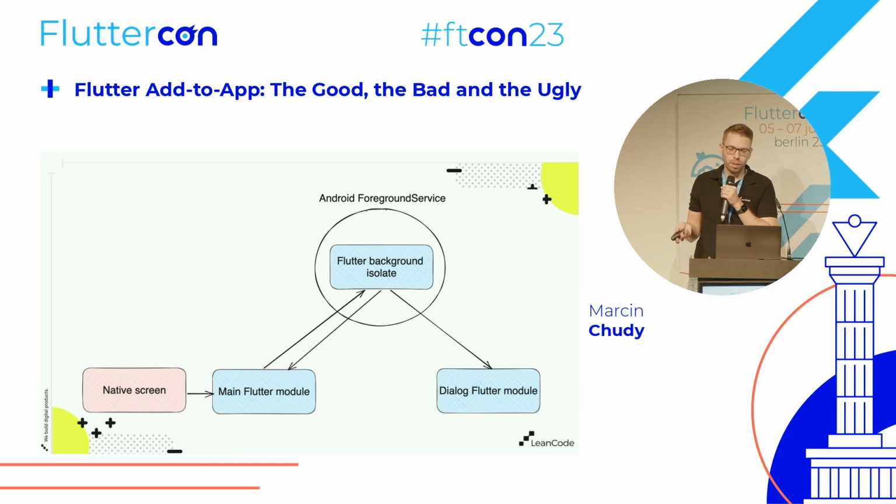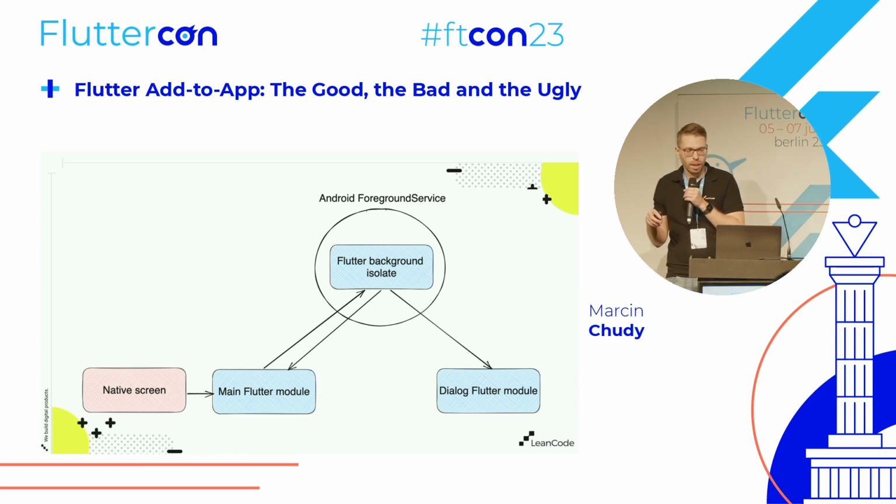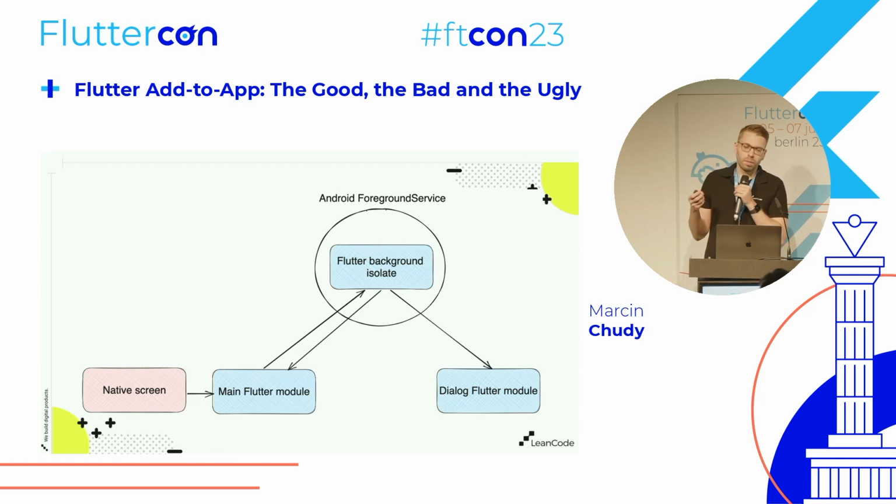From the native screen, we could open the main Flutter module with a couple of screens, and some action performed on one of those screens needed to start background processing logic, which in the case of Android was run inside a foreground service. iOS used background tasks, which is a much simpler implementation.